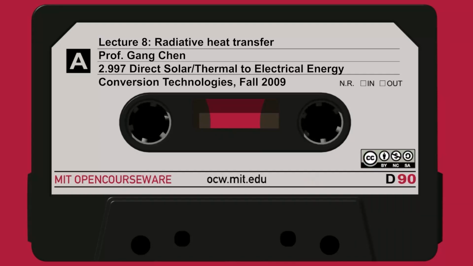It's equivalent. The disk area is pi d squared over 4. Then the view factor from the Sun to the Earth is the Earth's area divided by the distance squared, so very small.